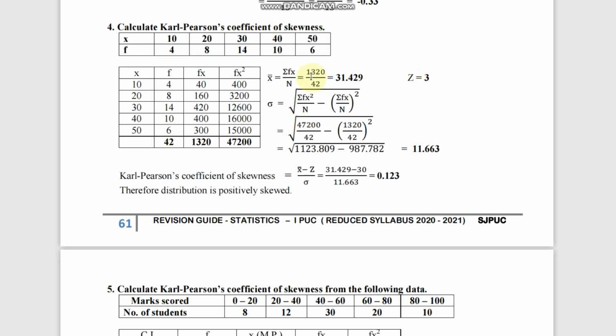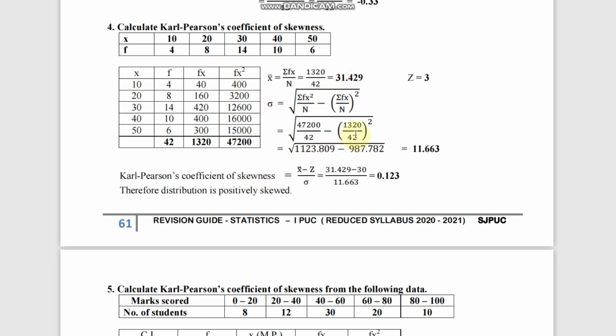Next, we have to compute the mean as well as the standard deviation. The mean value is given by x bar equal to summation of fx divided by n, and the standard deviation is equal to the root of summation of fx square divided by n minus summation of fx divided by n, whole square. If we compute the mean here, summation fx is 1320 divided by 42, which is 31.429.